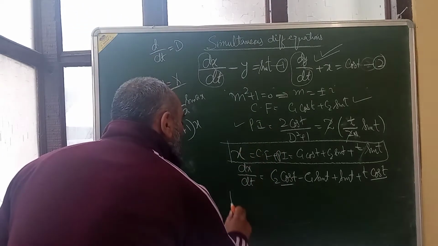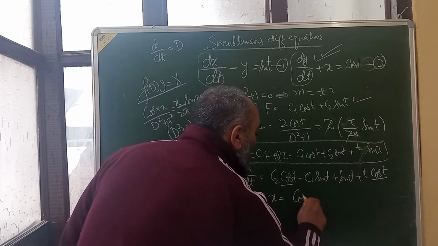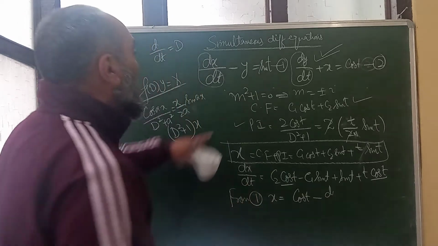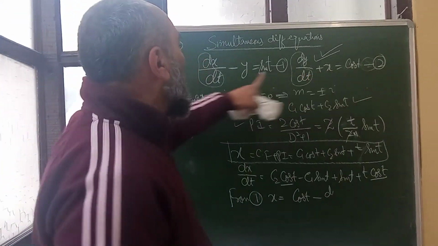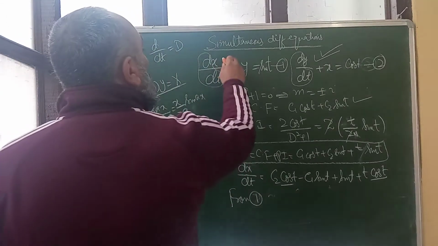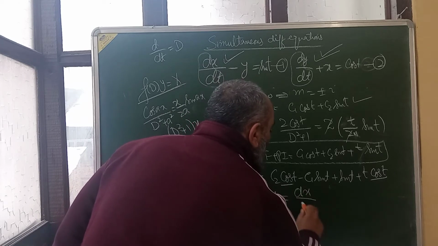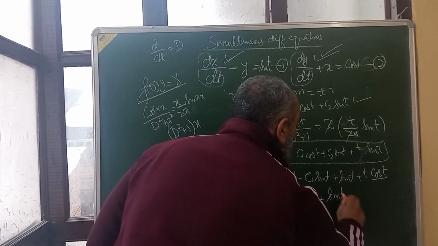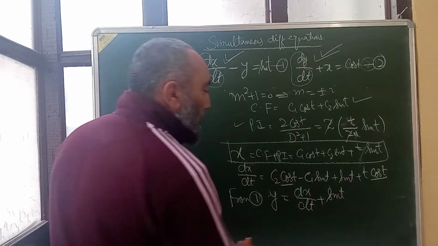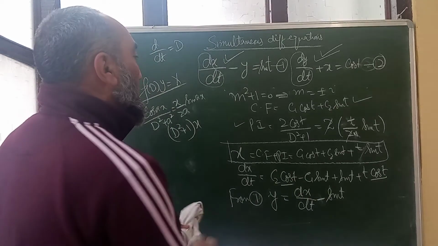So what's y? From 1, your y is dx by dt minus sin t. You have to find y. Now you know dx by dt. What is dx by dt?